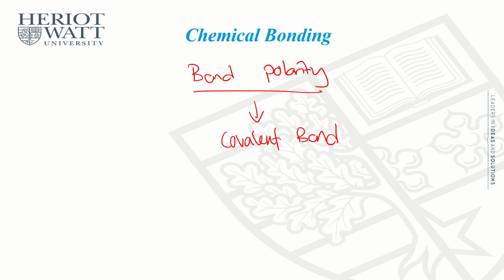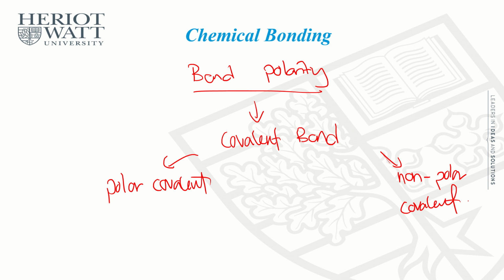Like ions, they have positive and negative charge, and in metallic, they have positive ions and negatively charged electrons. So they are only polar bonds there. So in this case, only covalent bonds can be divided into two. One is a polar covalent bond. Another one is a non-polar covalent bond.